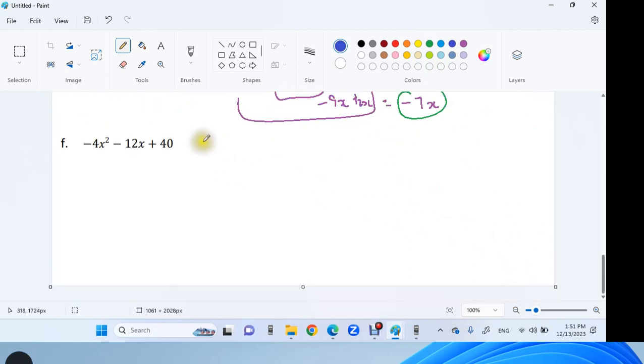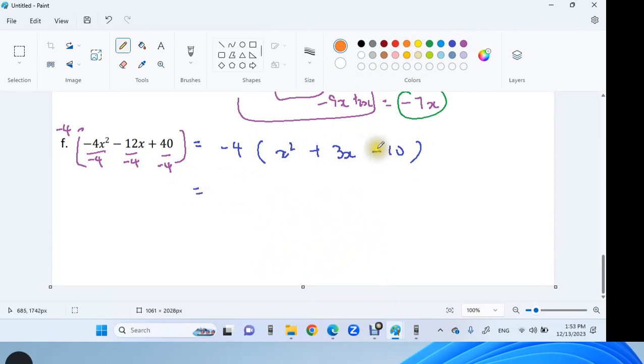So for F here, for this question, what we need to do is we have to factorize negative 4, because this is a multiple of 4, this is also a multiple of 4. So we factorize negative 4 here, then divide by negative 4, divide by negative 4, divide by negative 4. Then what we have will be x squared plus 3x minus 10.